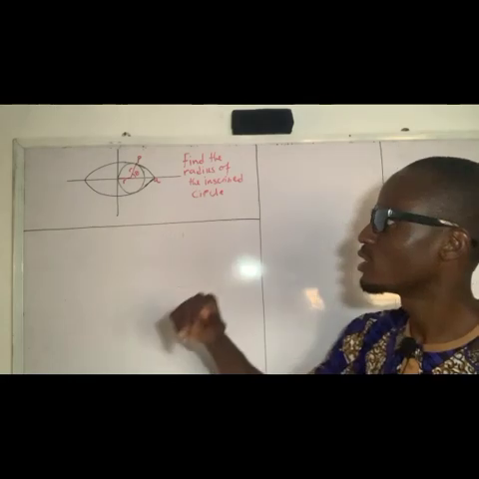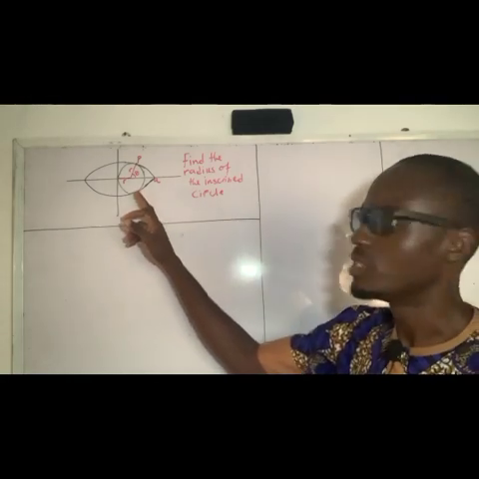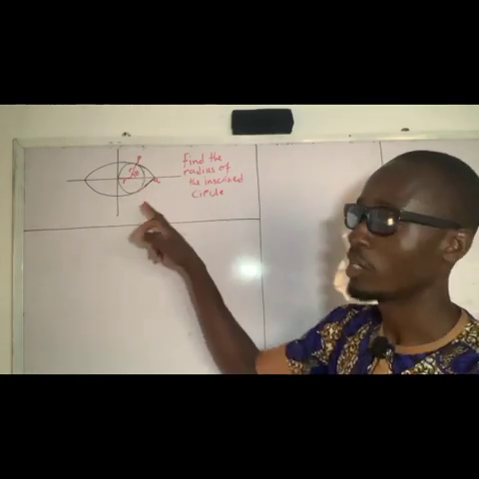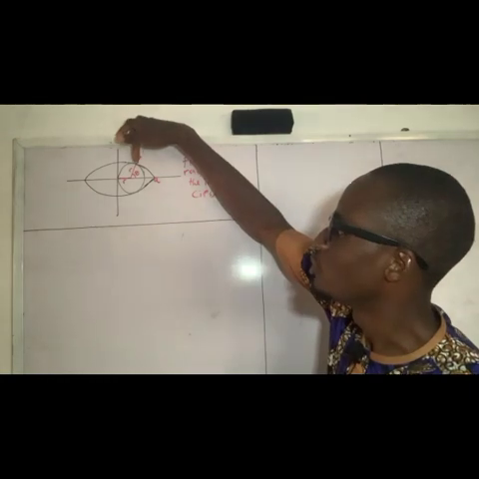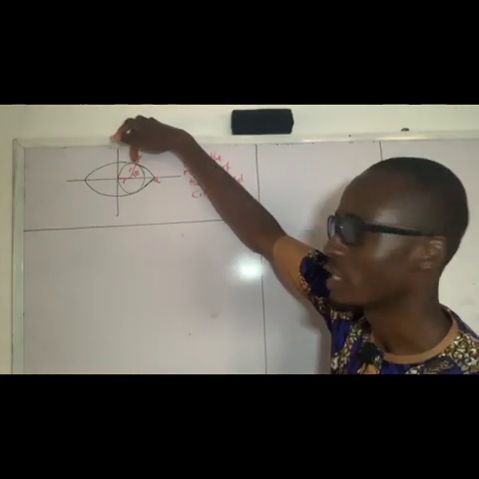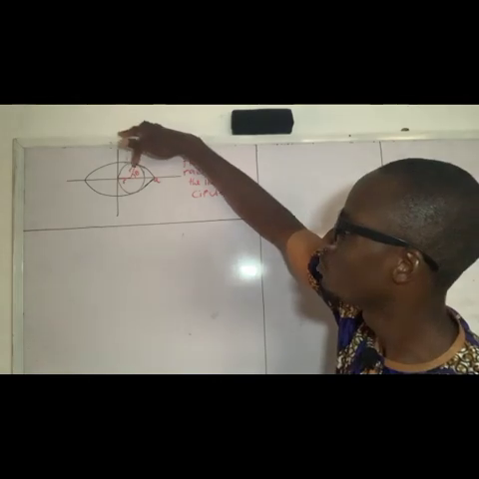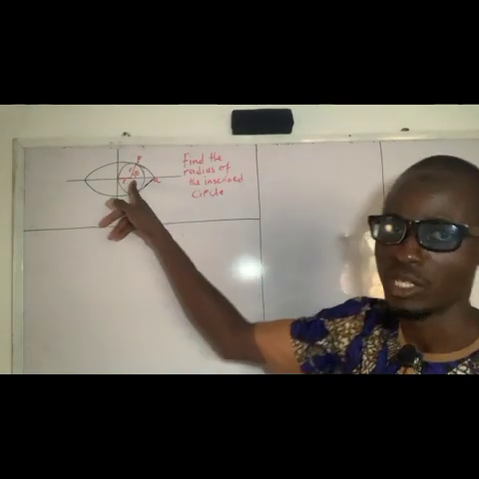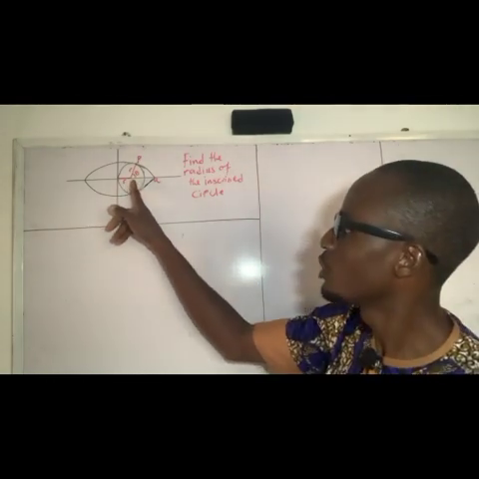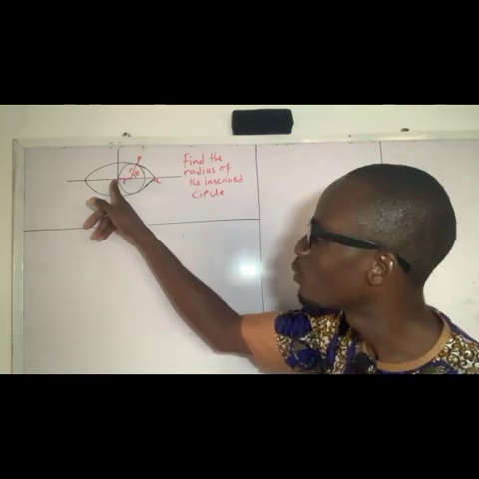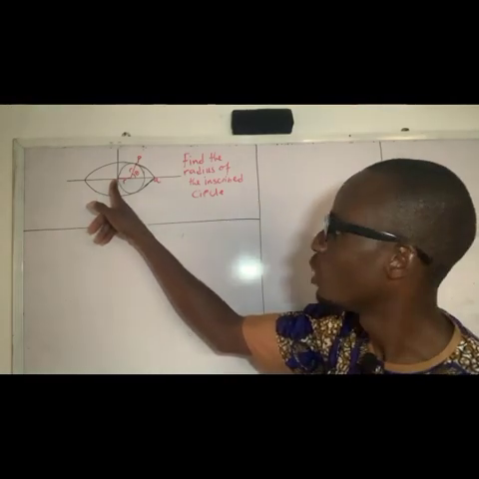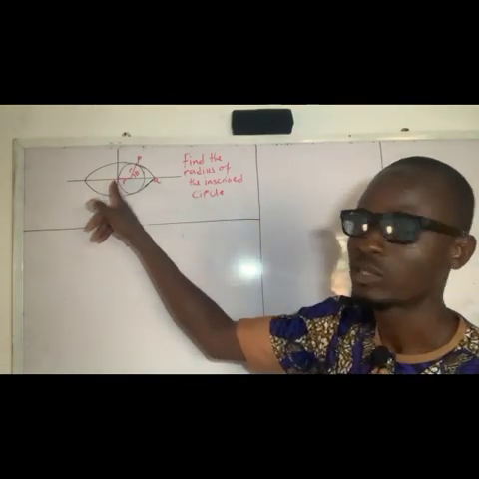So now, looking at this, you have this circle inscribed in the ellipse such that it touches the ellipse at this point labeled P, and the radius of that circle makes an angle theta in this manner, and this radius also extends to the point of contact of the circle with the vertical axis.